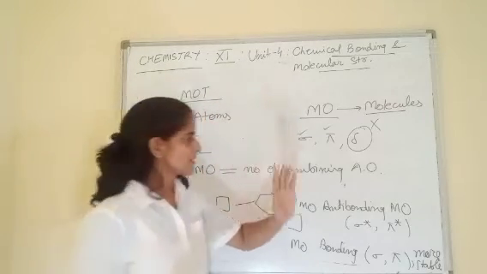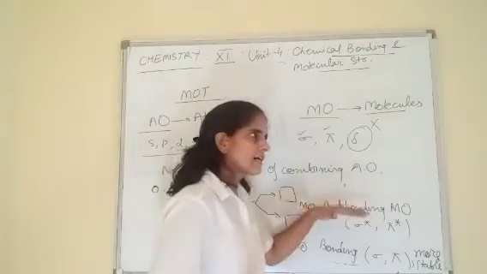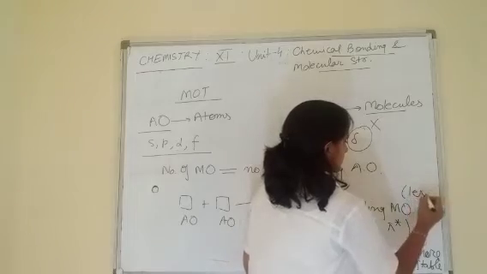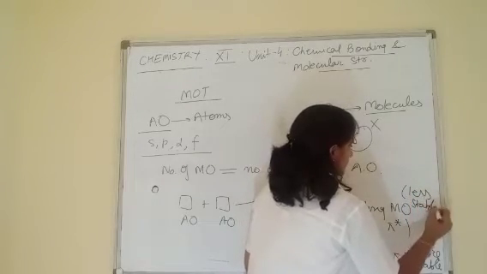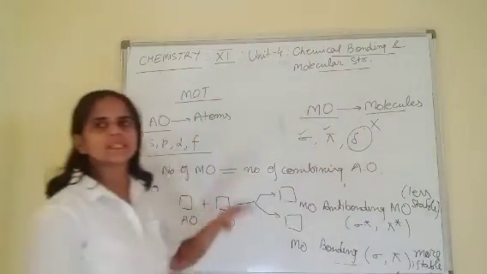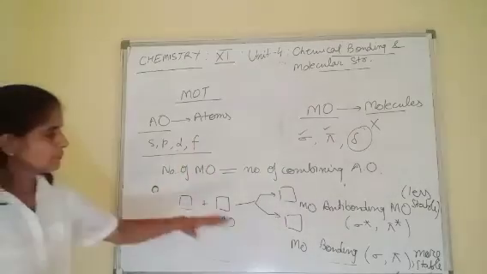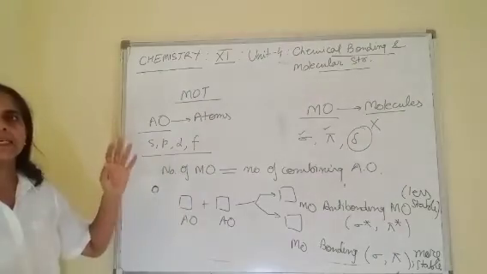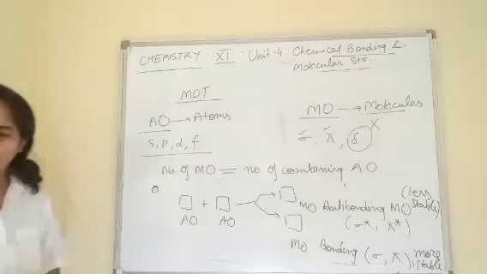Got it? So, as it has high energy, it is less stable. Yes, my dear children. I think now this concept of bonding, anti-bonding along with their stability is clear to you all. Yes or no?